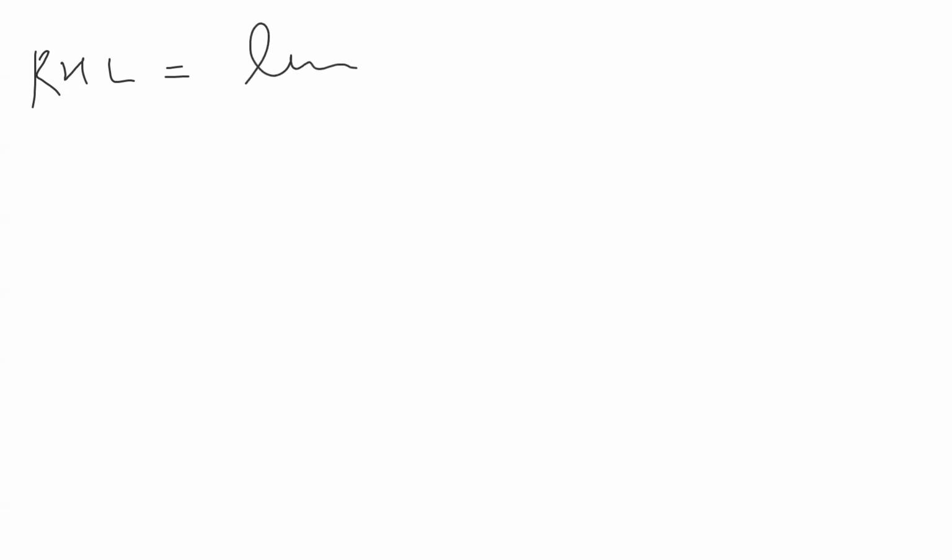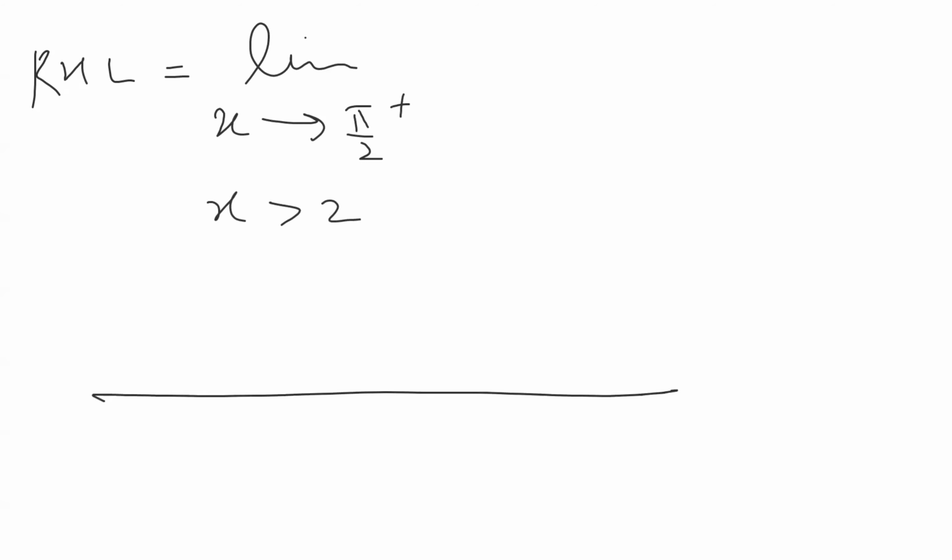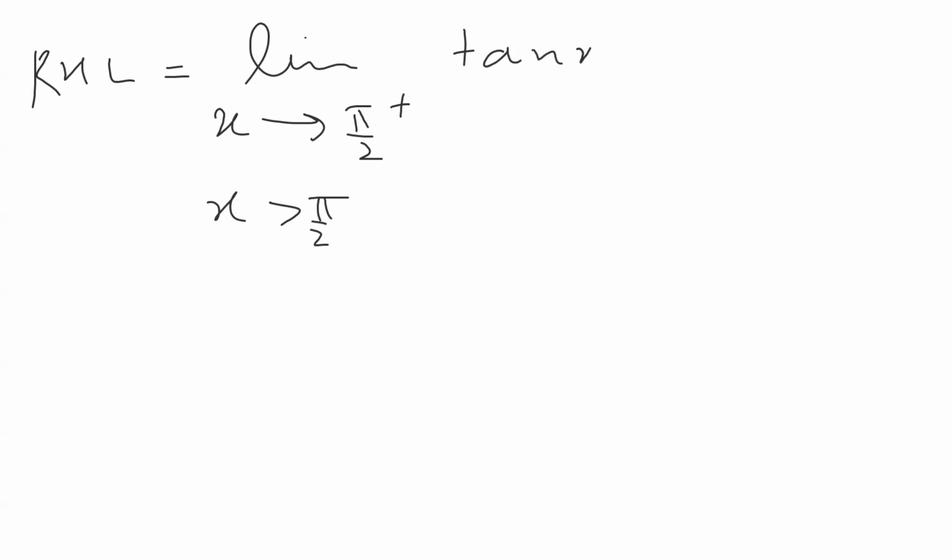So limit x approaching pi by 2 plus, pi by 2 plus indicates RHL. That means the value of x approaches pi by 2 from the right hand side, and all the right hand side values are greater than pi by 2. Fine. So this is tan x.